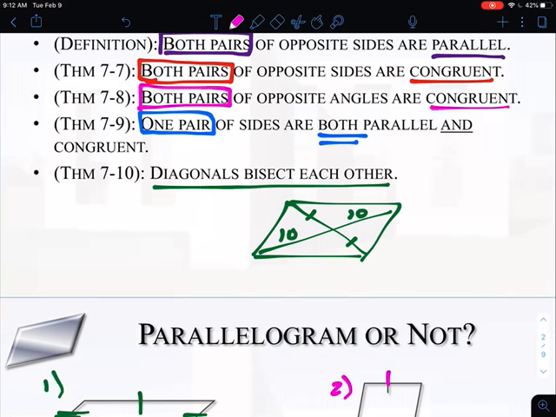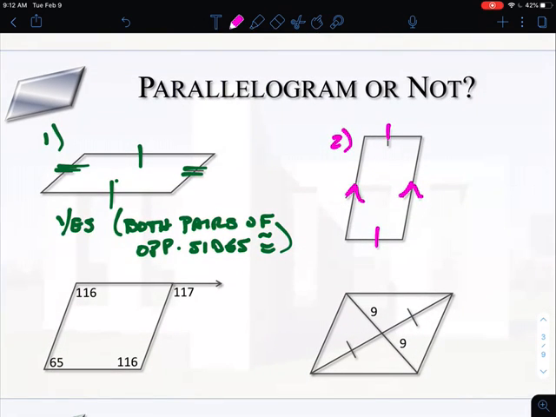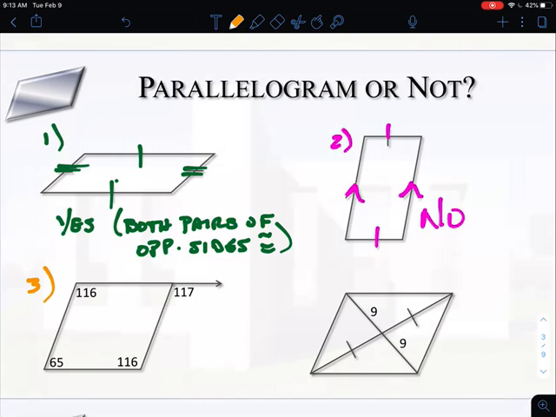Now, there was that one that said one pair of sides are both parallel and congruent. But if I look at this, I have the top and bottom congruent, the left and right parallel. For that property to work, I would have to have top and bottom congruent and top and bottom parallel. Or left and right congruent, left and right parallel. It's got to be the same set of sides for both. So in this case, no, we don't have a parallelogram.